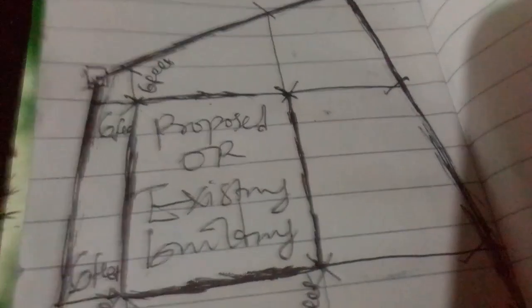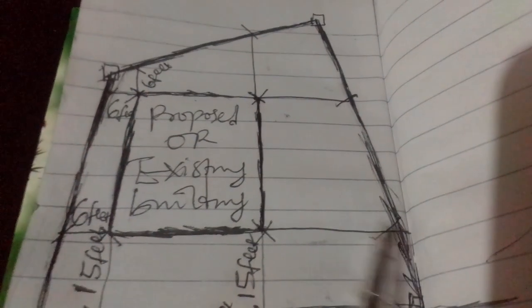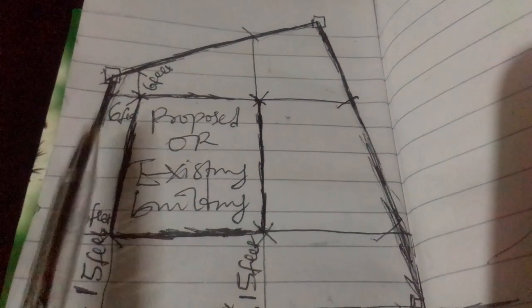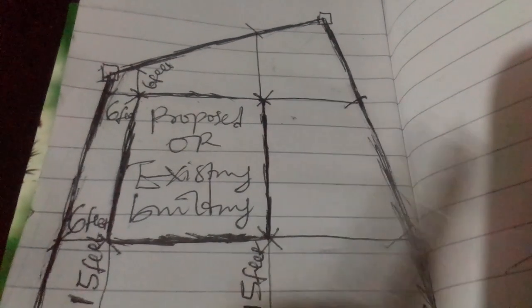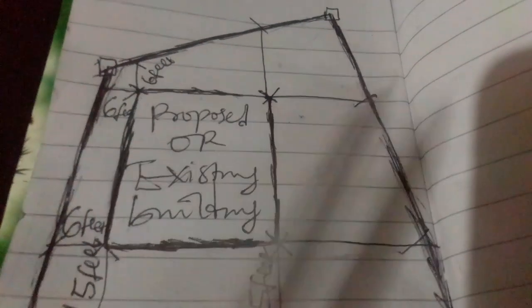This other side is very obviously not square as well. It is not parallel to this line. If I say square, I mean it has parallel lines, because you hardly see land at 90 degrees.